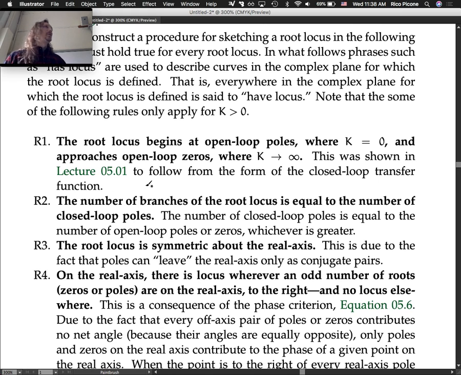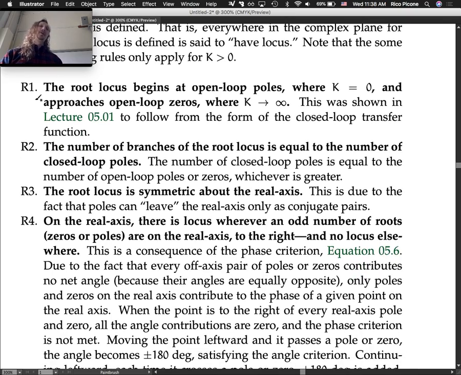Remember when we looked at the numerator denominator breakup and we said, look, the closed loop poles start when k equals 0 at the open loop poles, and when k goes to infinity, they approach the open loop zeros. That's what rule 1 says. You have your start point and your end point.